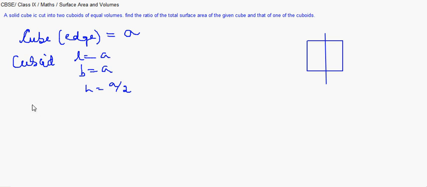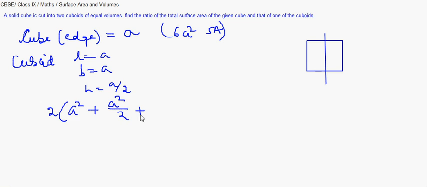But it says find the ratio of the surface area of the given cube. What is the surface area of a cube? The surface area of a cube is 6a square. And how do we find the surface area of a cuboid? It's 2lb plus 2bh plus 2lh, right?